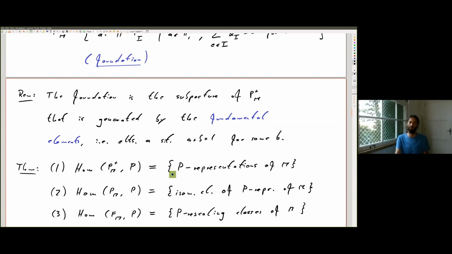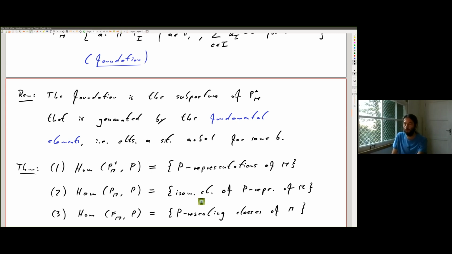And this just follows immediately from the universal property of the free algebra combined with the universal property of quotients. I don't go through the details, but this is really immediate. And from this statement we can derive that the universal pasture Pm corresponds to the isomorphism classes of P representations of M, and the foundation Fm corresponds to P rescaling classes of M. I allow myself not to recall these two notions that Matt explained in his talk.